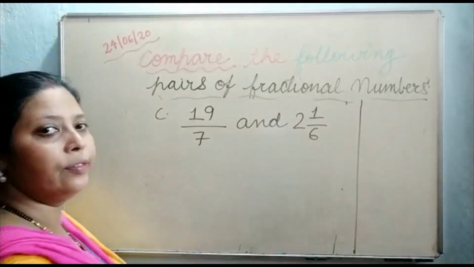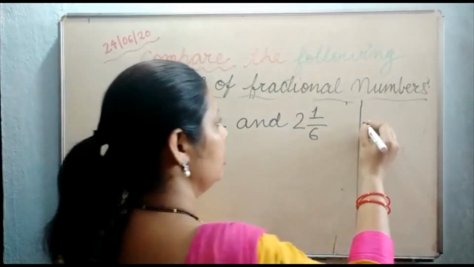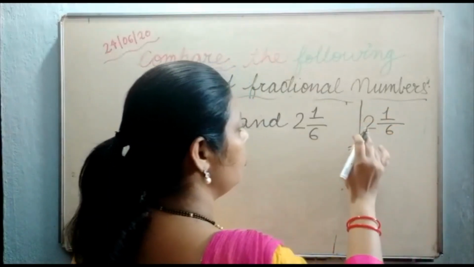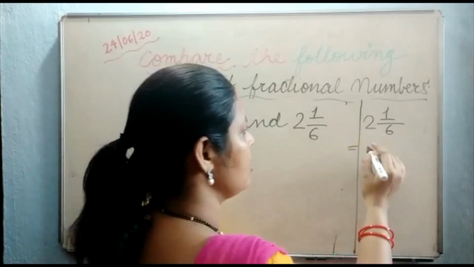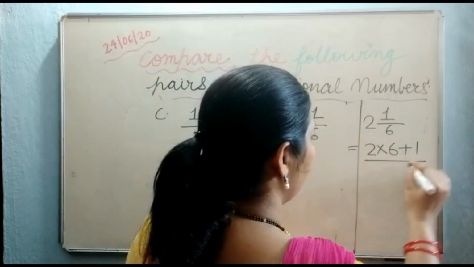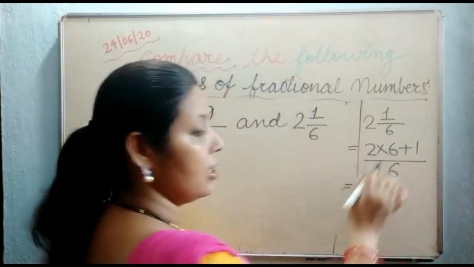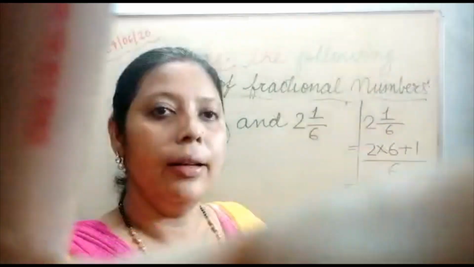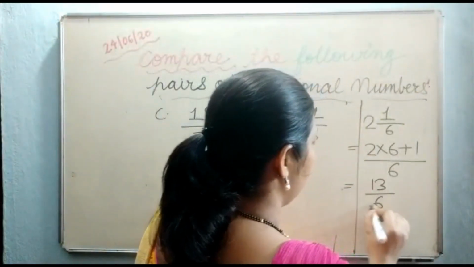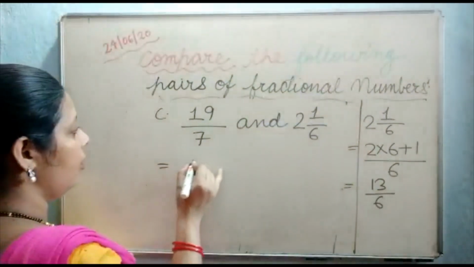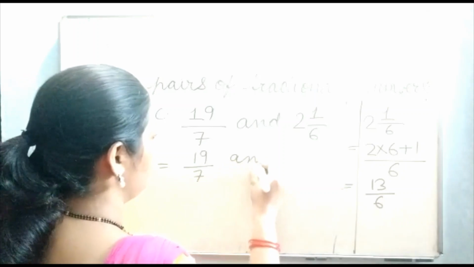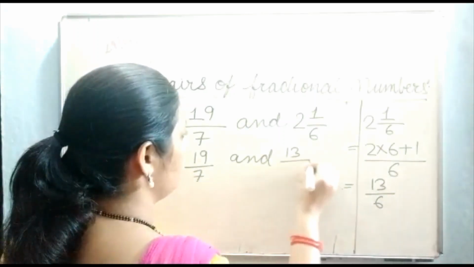Now again convert this mixed number. 1 1 by 6 is equal to, multiply this whole number with this denominator again, add this numerator and then divide by 6. 2 6s are 12 and 1 is 13 by 6. So, this is 19 by 7 and 13 by 6.